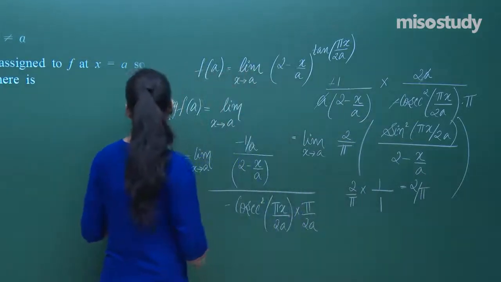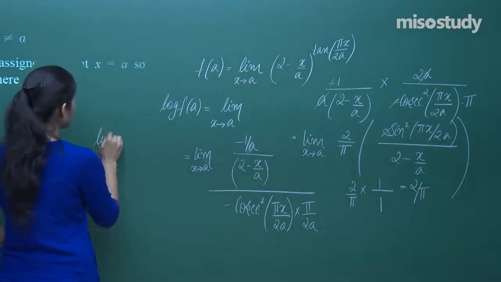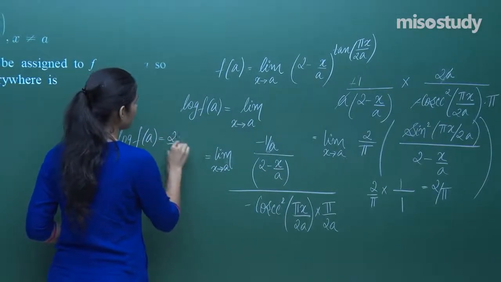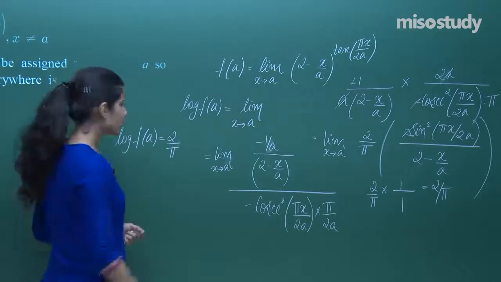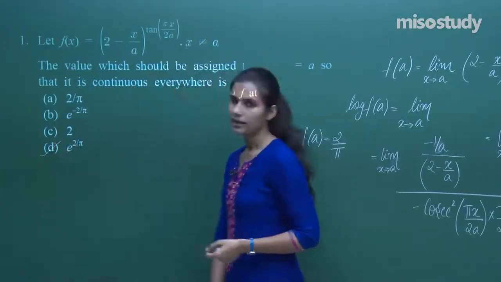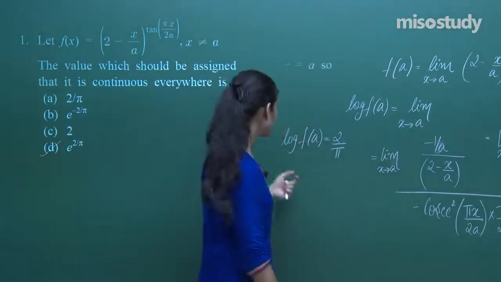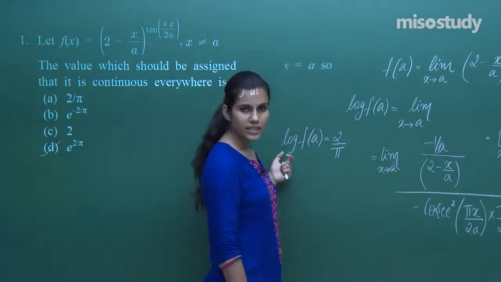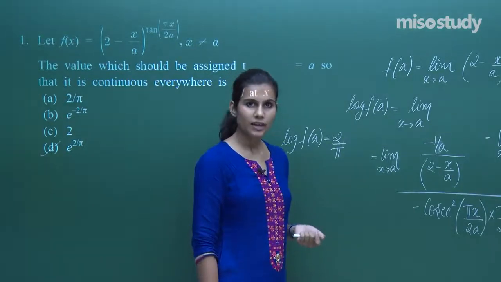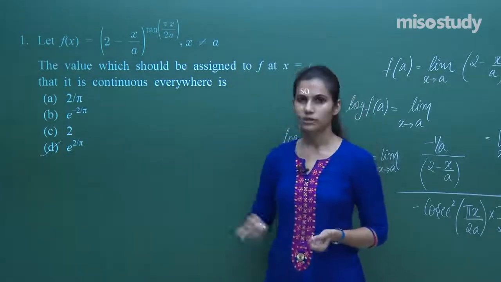If you are getting log of f of a is 2 by pi, what is f of a? It is e to the power 2 by pi, right? Because if you take exponential, you basically get e to the power 2 by pi, and here you are left with f of a. Fine. So f of a turns out to be e to the power 2 by pi.